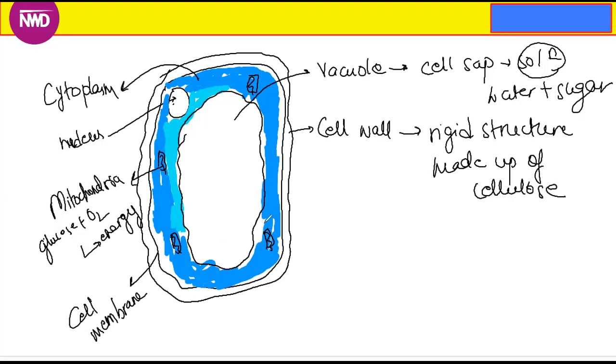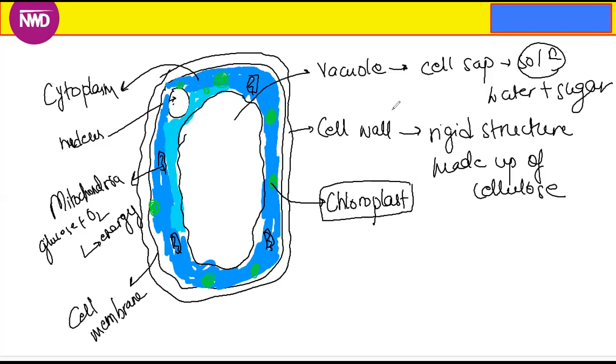And apart from that, we have also seen green colored structures present in your cell. And these green structures are nothing but what is called chloroplast. Okay, I hope this is clear.